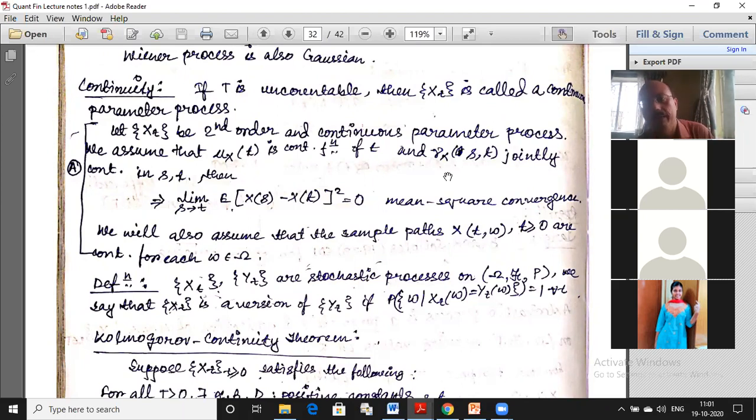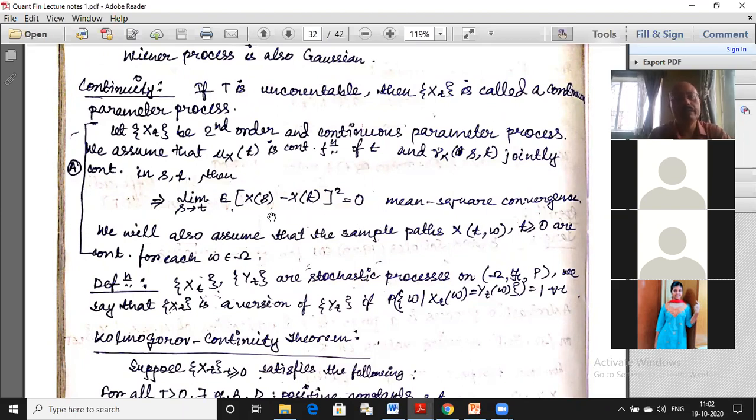So we make these two assumptions. We want to make our life easier. We want to have some smooth properties. So we assume the mean and the covariance function to be continuous in time. And then you can easily check that this will mean that the process shows mean square convergence.